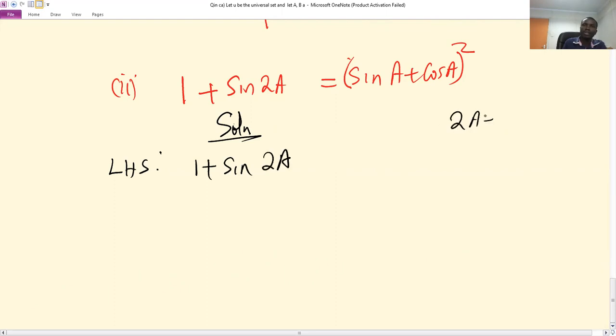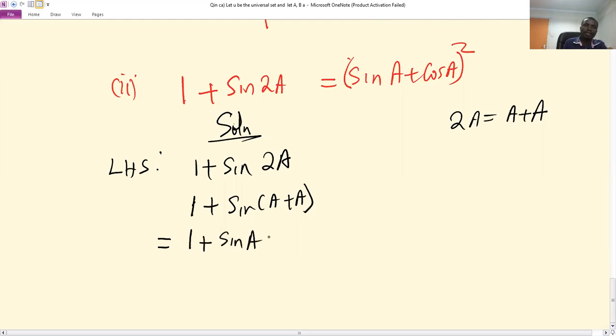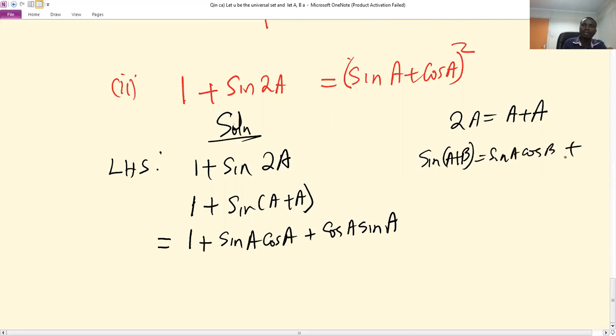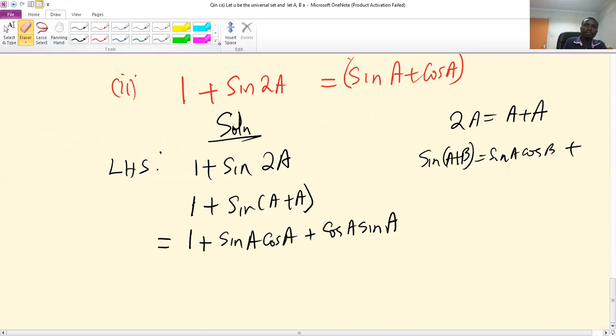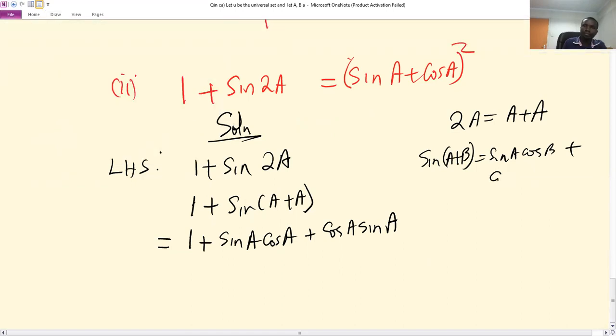But you see 2A is just the same as A plus A. So this is the same as 1 plus sine of A plus A, which is the same as 1 plus sine A cos A plus cos A sine A. We know that sine of A plus B is the same as sine of A cos of B plus cos of A sine of B. So when you let A to be B, that's why I have this.